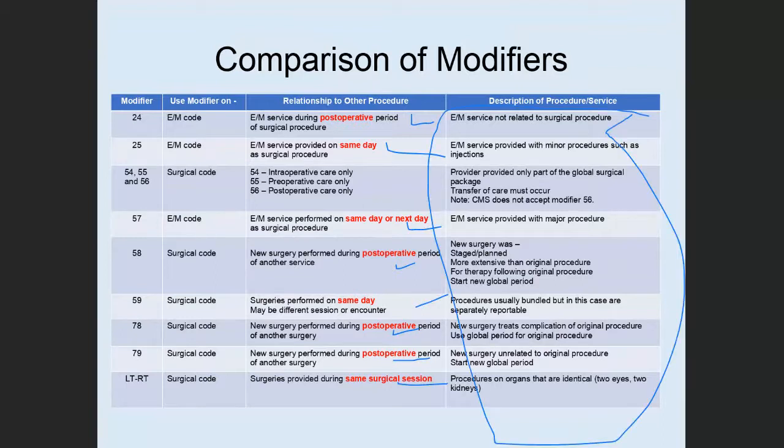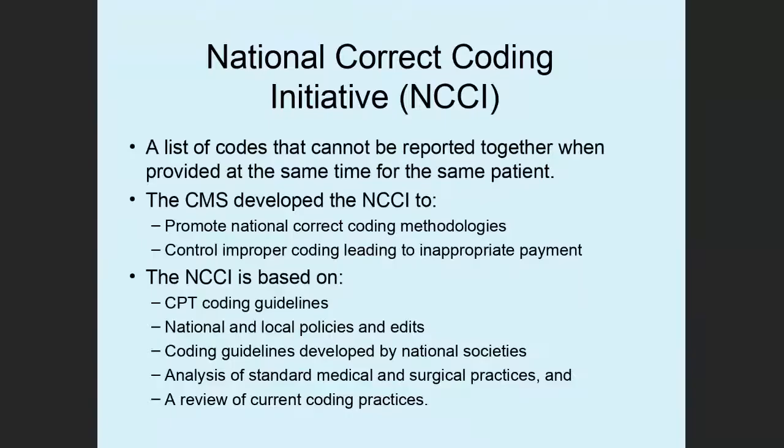Is the second service related to or not related to the original service? This is not related. It's related, complication, original, unrelated, and unrelated. So very important to differentiate between these.